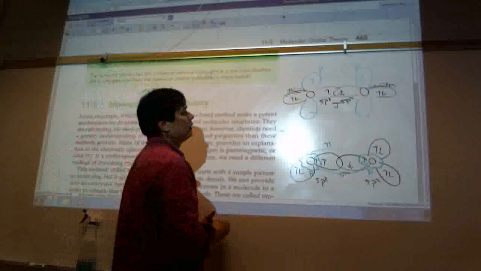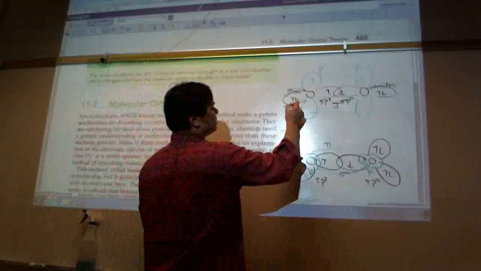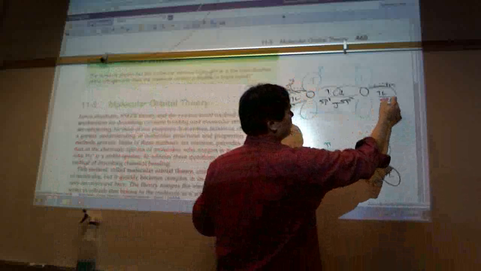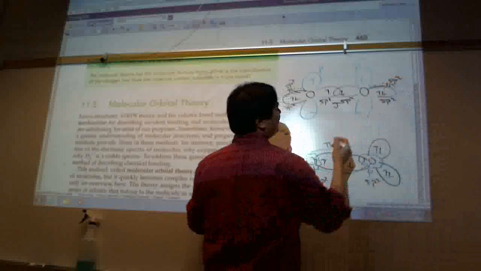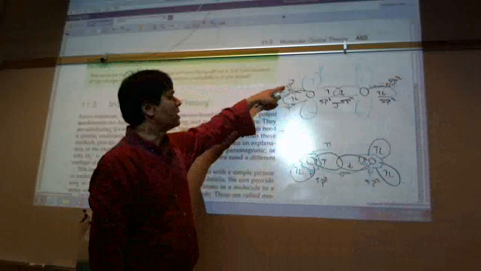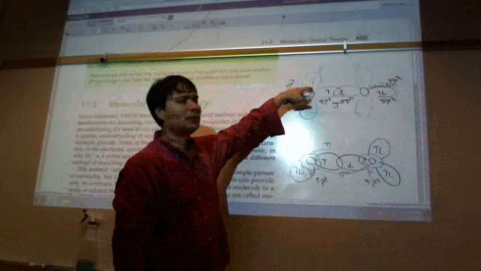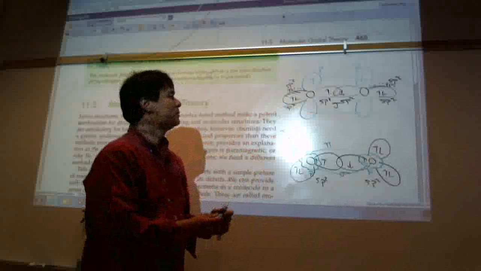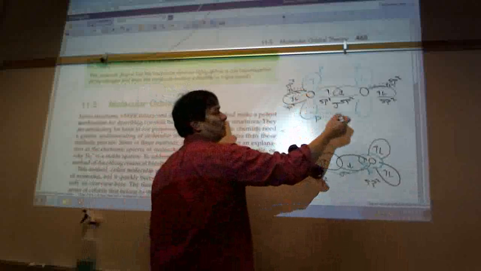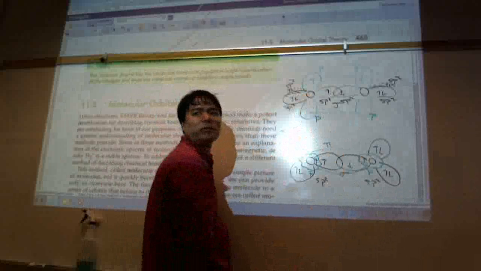If we label the orbitals, we've got sp2 here, sp2 here, one p, sp2 here, sp2 here. Some people mislabel this. On each oxygen we have four orbitals: sp2, sp2, sp2, and a p. But some people will call this a p2, so it looks like we have four p orbitals. Are there four p orbitals?